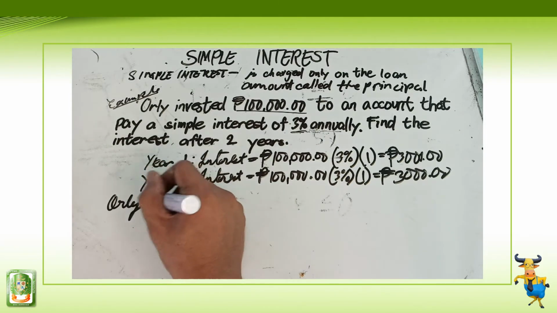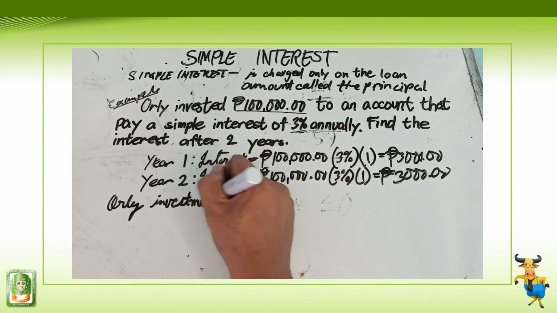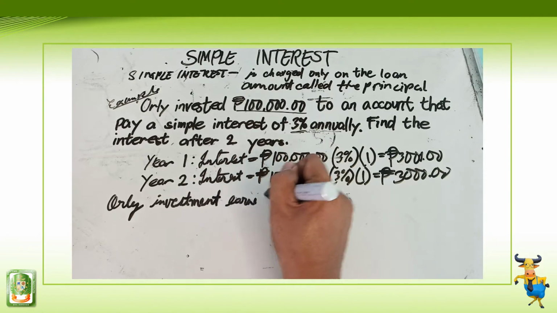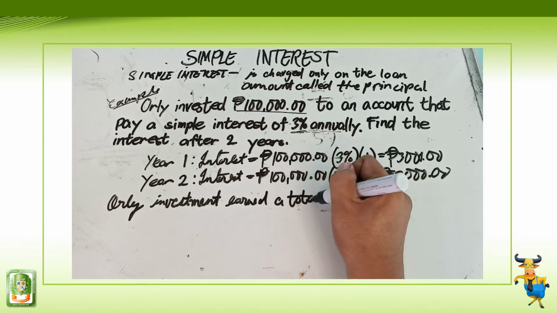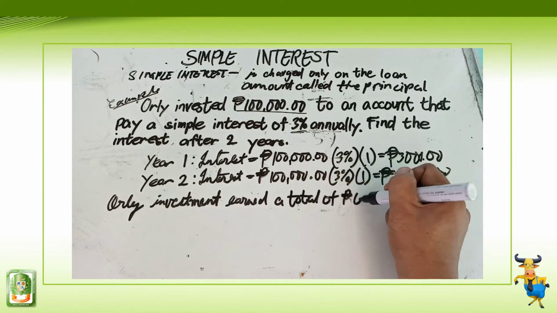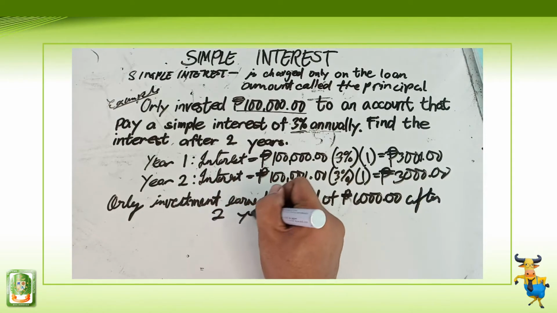So, Early's investment earned a total of 6,000 after 2 years.